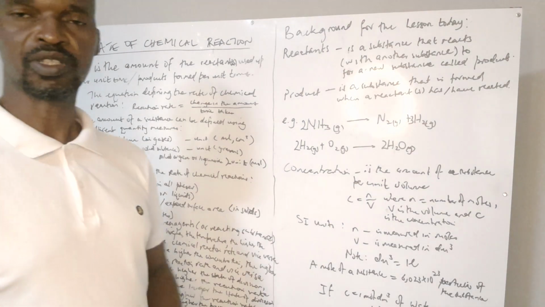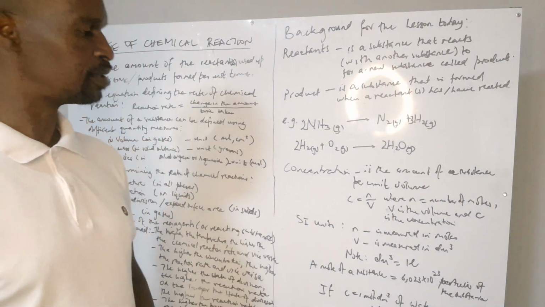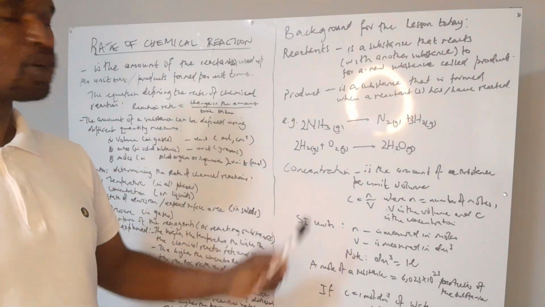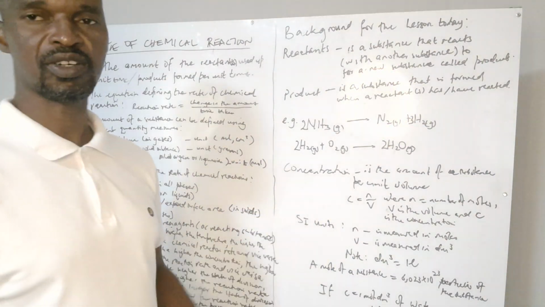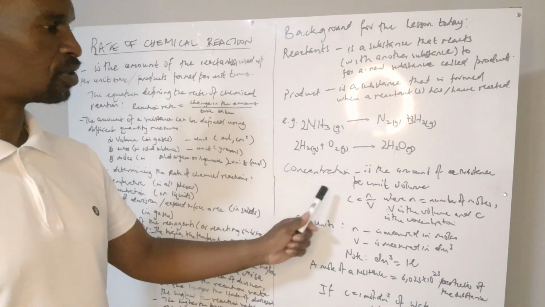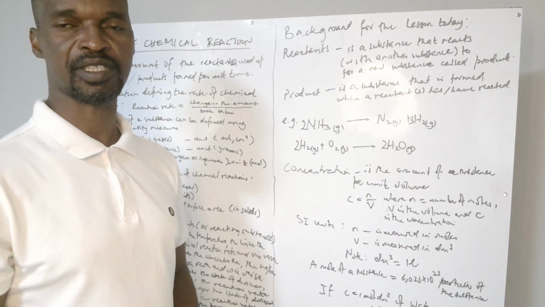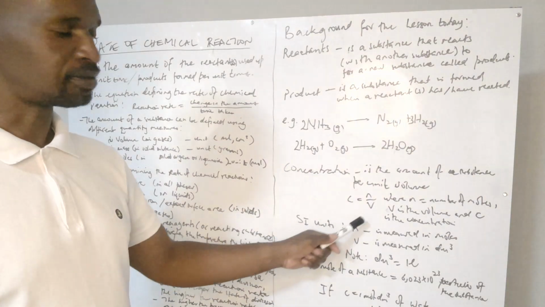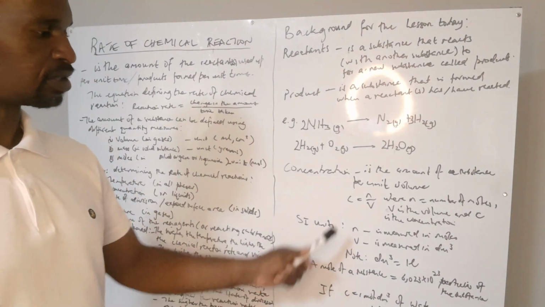Now, before we go any further, another very important term you should understand in chemistry is concentration. What do you mean by concentration? By concentration, you mean the amount of a substance per unit volume. Here is the formula for concentration.